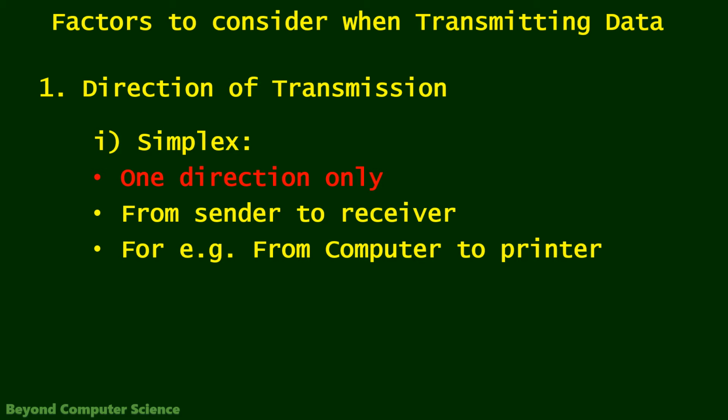Those are just interrupts. Okay, so from computer to printer is an example of simplex data transmission. Only one-direction transmission is happening in this example. We can also include the example of televisions, like televisions are always receiving data from the broadcast station.